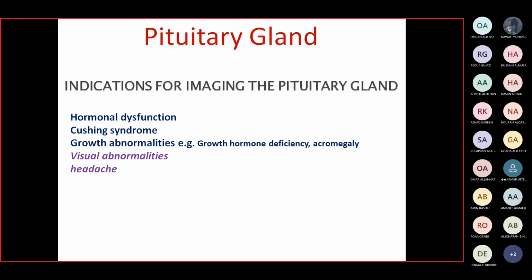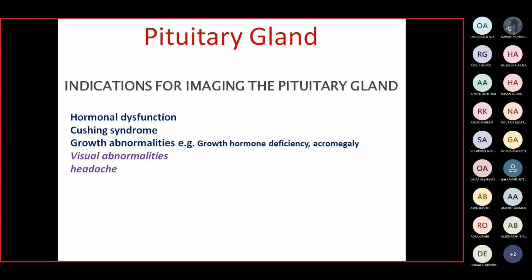Cushing syndrome, growth hormone abnormalities. This can be increased growth hormone or decreased growth hormone. As you know, increased growth hormone levels may cause acromegaly, and growth hormone deficiency may cause dwarfism.